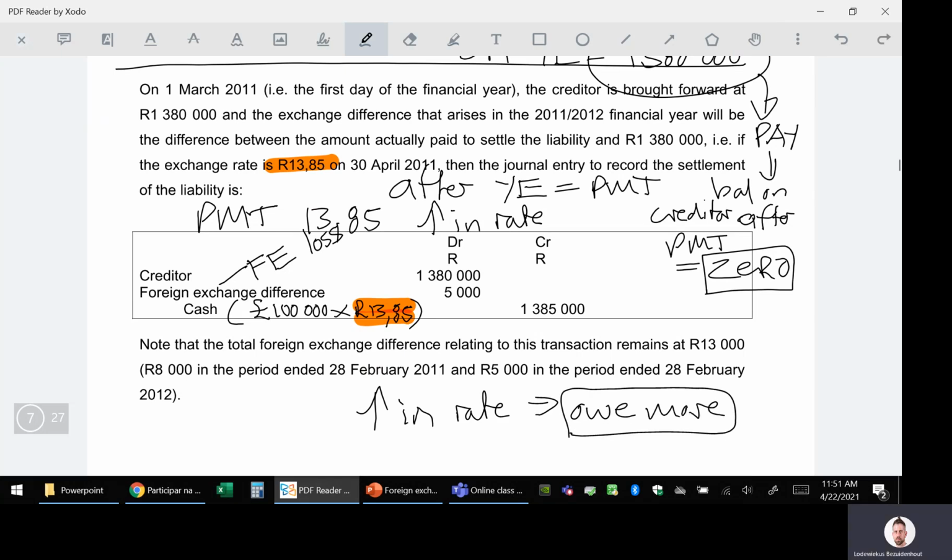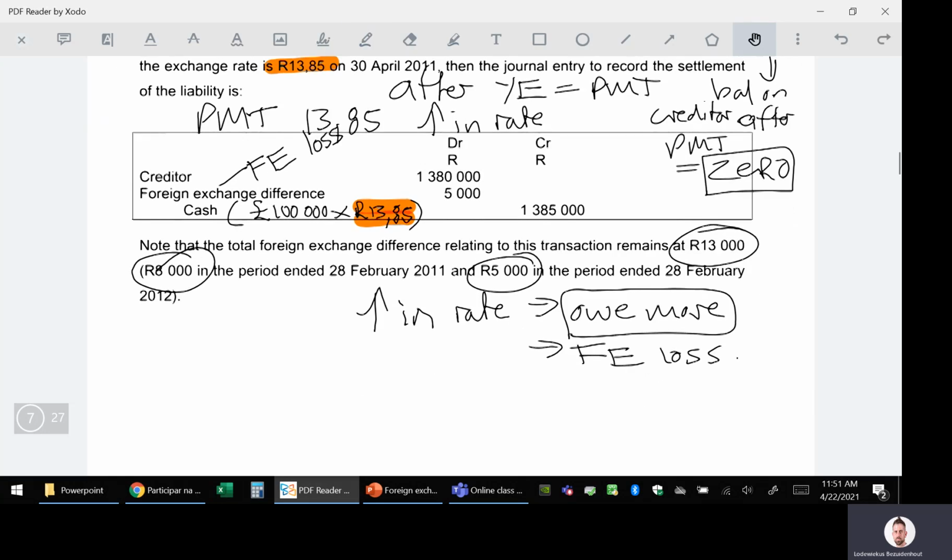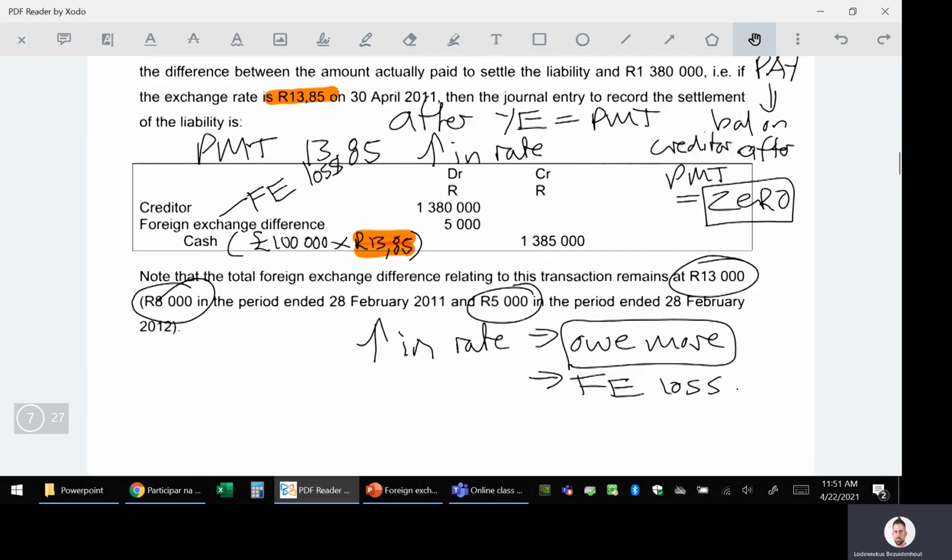And if we owe more, then we would have a foreign exchange loss. All right. So the total foreign exchange for this transaction is basically 13,000, of which 5,000 is in the current year and 8,000 is in the previous financial statements.